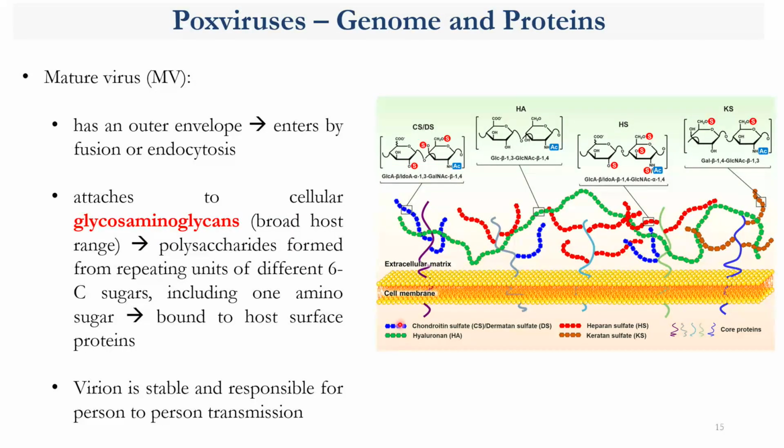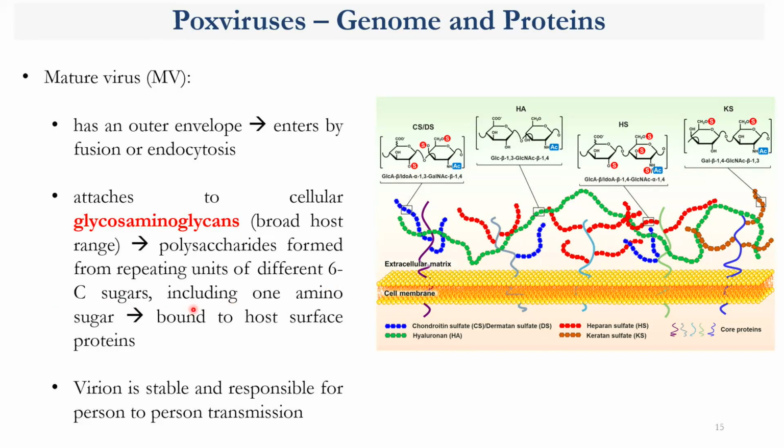So you can see the extracellular matrix here. This is the cell membrane, and within that you have all these different sugar molecules. So these are polysaccharides that are formed from repeating units of 6 carbon sugars, okay? So you have various sorts of glycosaminoglycans which the virus will use to attach to the surface of the cells.